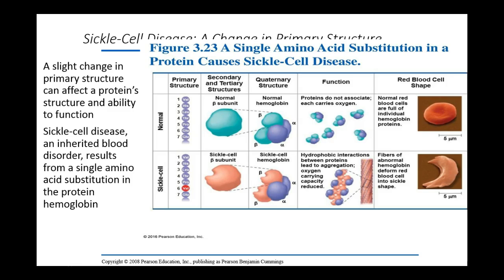That structure, and particularly the normal quaternary structure of the hemoglobin, is what allows it to carry oxygen, and that structure has been changed in the sickle cell, so it's no longer healthy functioning.